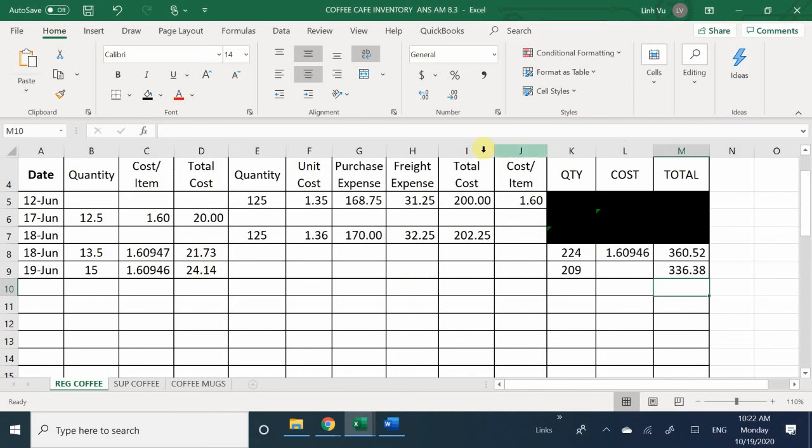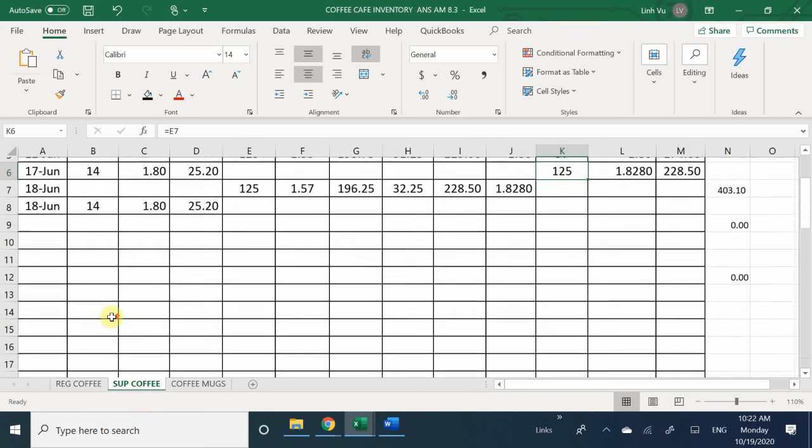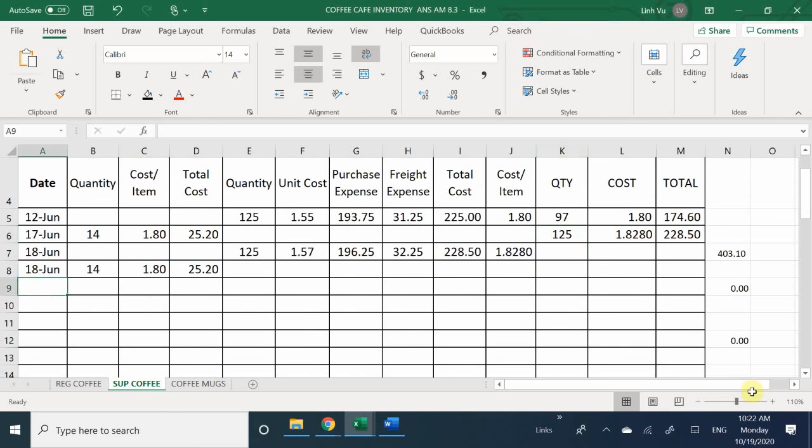Good. So let's go ahead and calculate my cost per item. 1.60947. All right, so it's the same. Well, it actually jumped up a thousandth of a penny. Okay. Good.